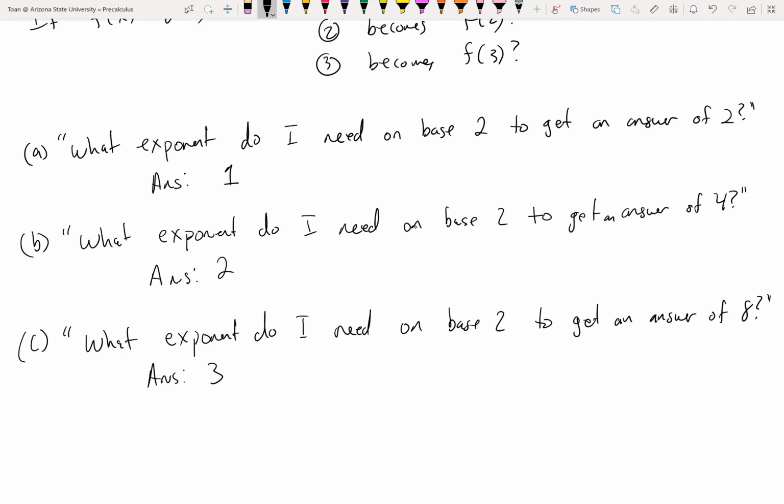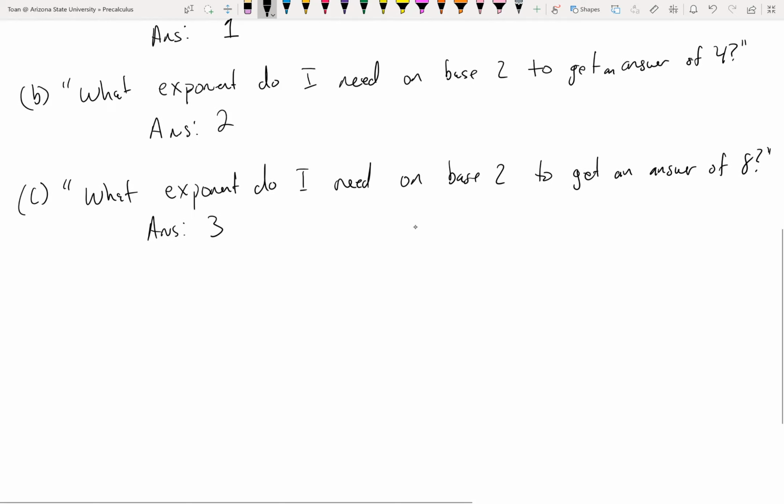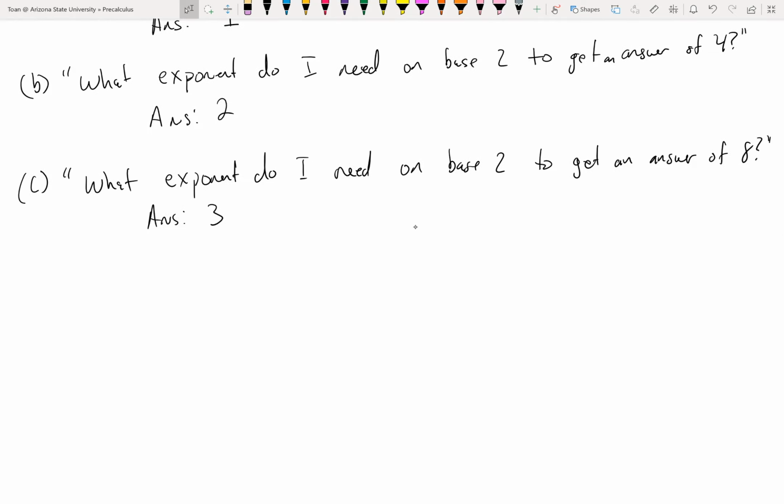So we can use function notations to translate these questions. Now remember that we created these questions by swapping the spotlight. Instead of focusing on what power or what answer I need for a given exponent, I'm asking what exponent do I need for a given answer.